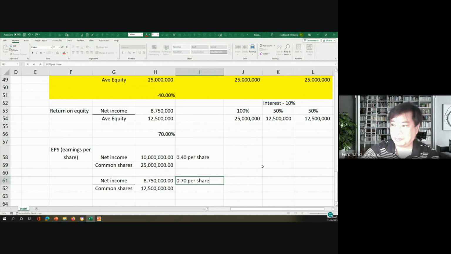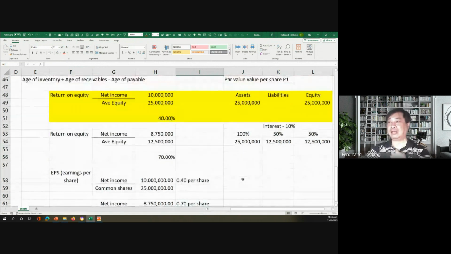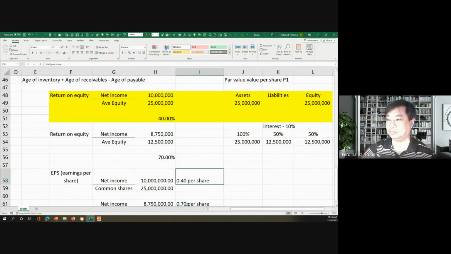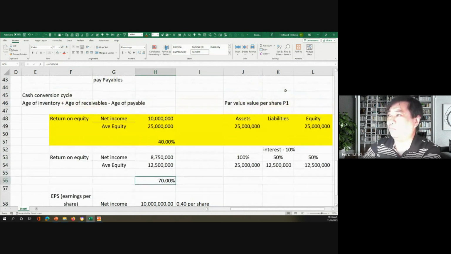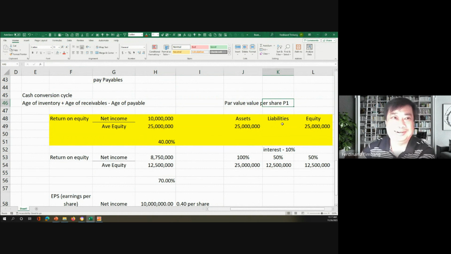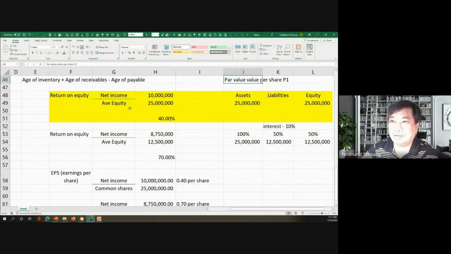Ha? Ba't nagkaganon, sabihin niya, pareho to. Okay, nagkapareho lang yan kasi ginawa kong par value dito is 1 peso. Nagkataon lang na 1 peso ang ginamit na par value. But actually, when it comes to return on equity, that is a percentage, no? So 40 and 70%.